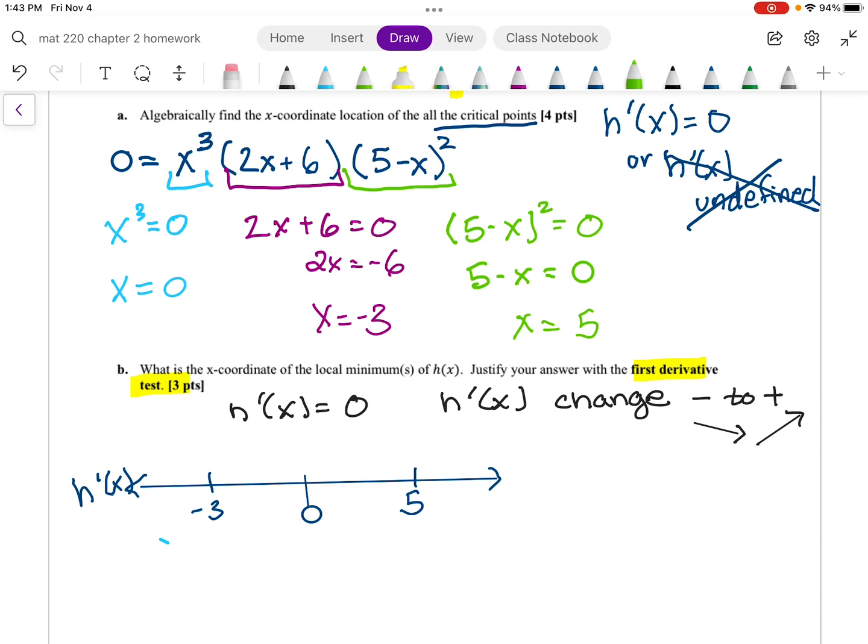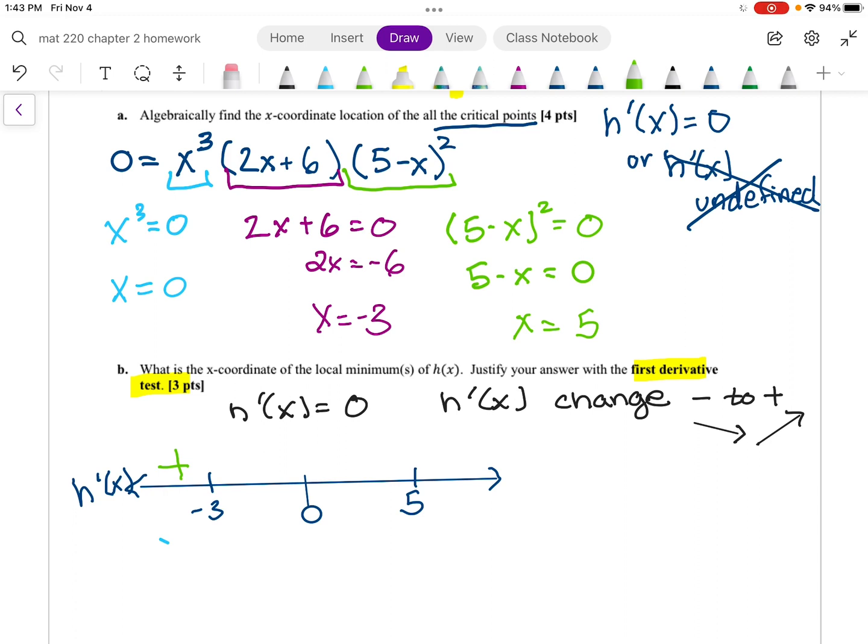And then 2 times -4 would be -8, plus 6 is going to result in another negative number. But this 5 minus x, whatever it is, if I square it, it's going to be positive. So if I have a negative times a negative times a positive, I'm going to end up with a positive value. Notice I didn't actually come up with the value. I was just checking in my head whether that value came out positive or negative.